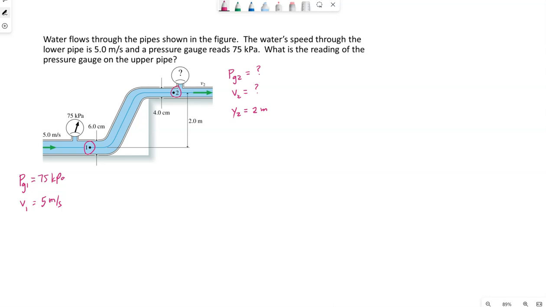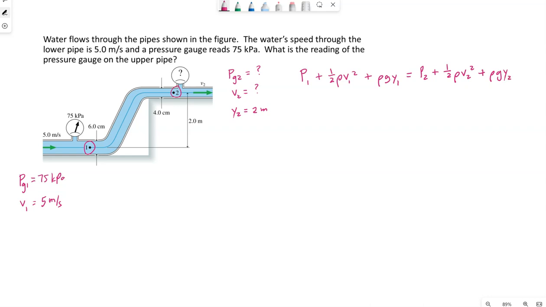So to find a pressure when we're dealing with fluids moving through a pipe, we need to use Bernoulli's equation. So P1 plus 1/2 rho V1 squared plus rho g y1 has to be constant, meaning it needs to equal these terms added together at point 2 in the pipe.